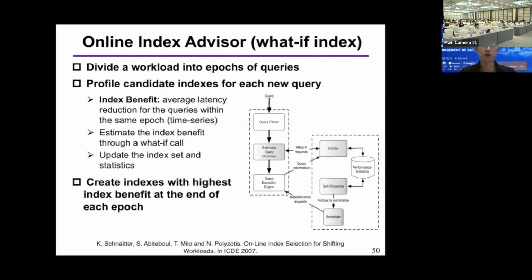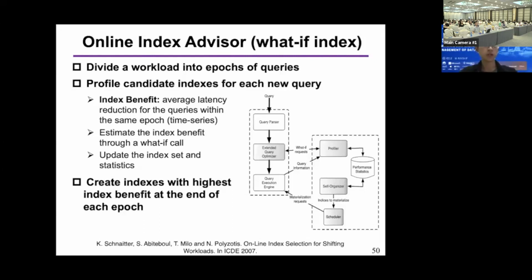And another class is online index selection. Consider a what-if-based method that divides the workload into epochs of queries. For each epoch, it profiles the candidate indexes for the incoming new query. For the incoming query, it estimates different benefits of the indexes that can be used by the query, and will update the index set based on the newly found indexes.